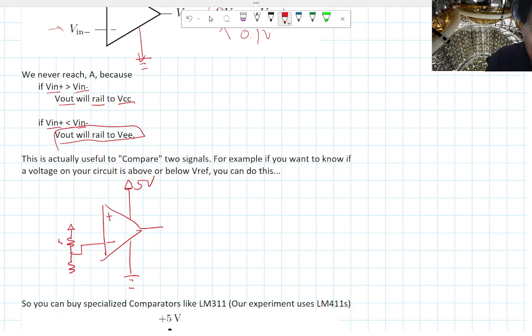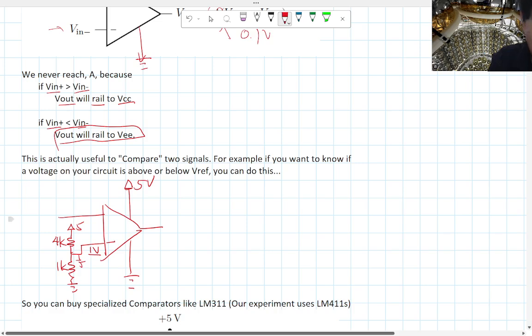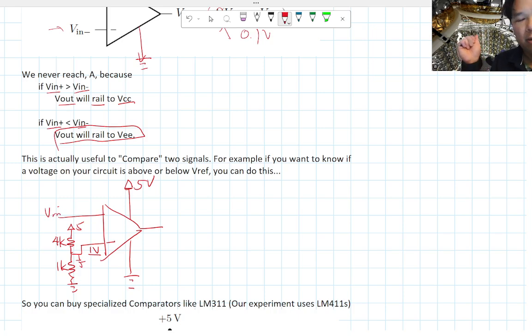Let's make this a 5K. Actually, I want this to be 4K and 1K, just to use some nice easy numbers. So this is a 1/5 voltage divider. If you have 5 volts here, then it's going to provide you a constant 1 volt here. So whatever your input here is, Vin, it's just comparing Vin to 1 volt. Is it bigger than 1 volt or less than 1 volt? If it's bigger than 1 volt, your output will be 5. If it's less than 1 volt, then your output will be 0.